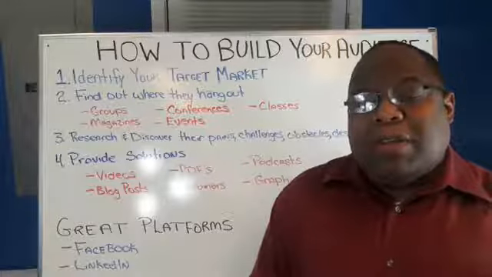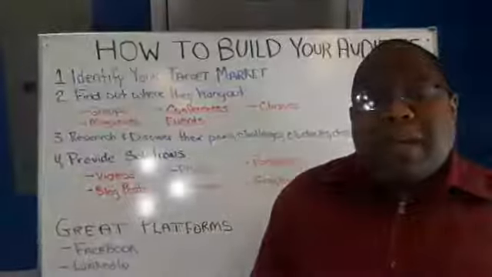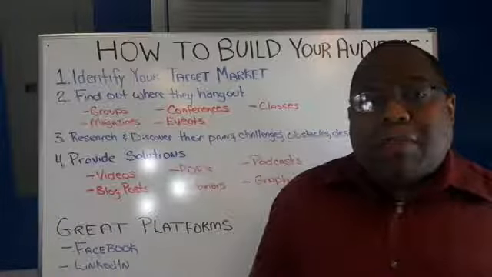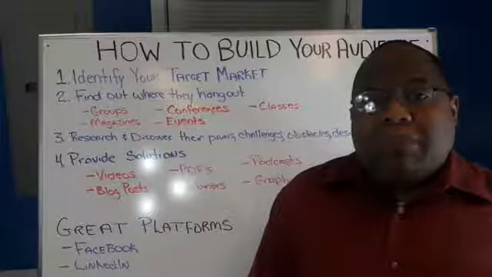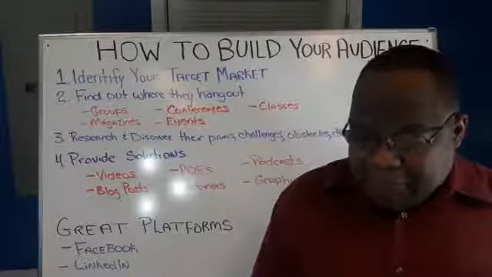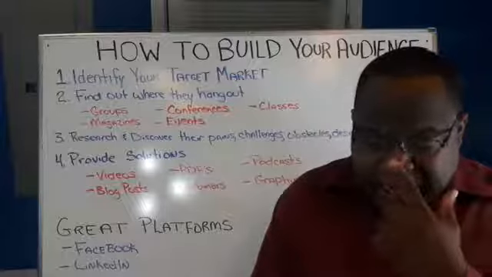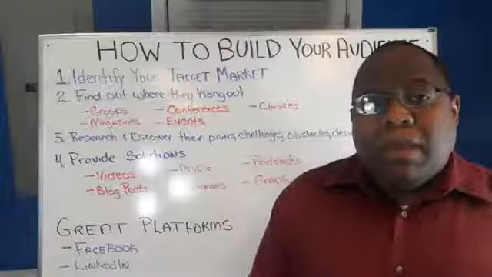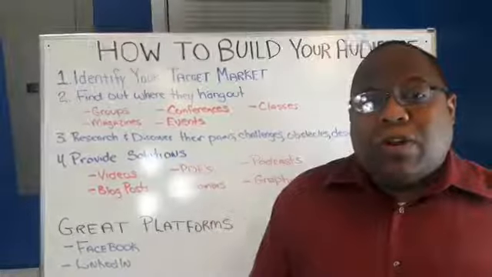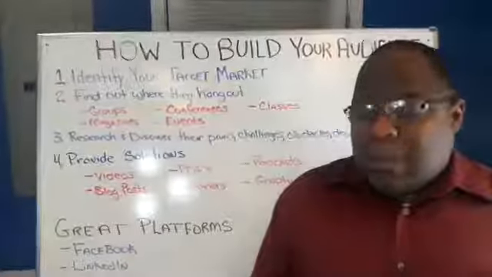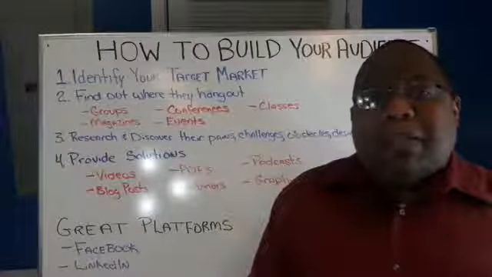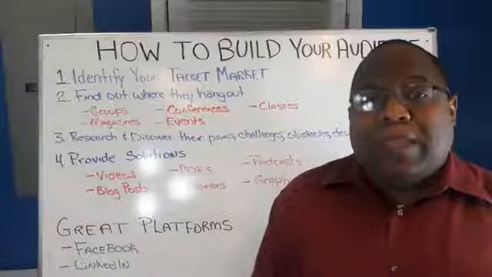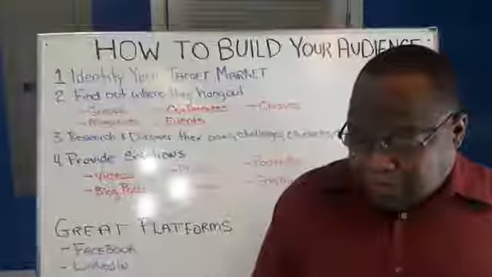Now, I wrote down a couple of things that might be interesting as a target market for people that are good candidates for my Econ. One of the things I said was my Econ targets entrepreneurs, people who want to build their own business. We target stay-at-home moms and dads who are looking to create some extra income.